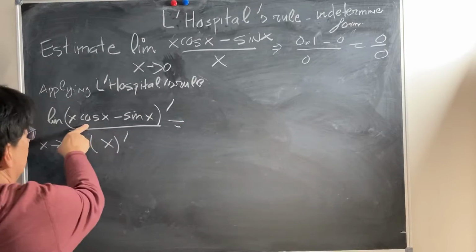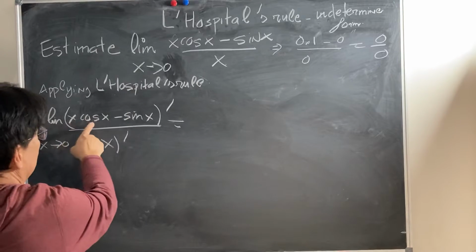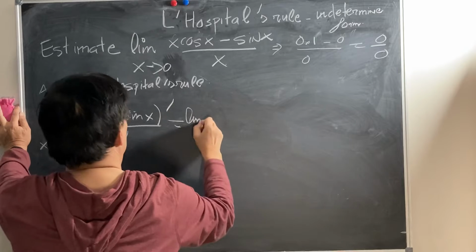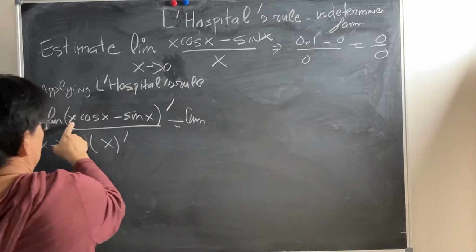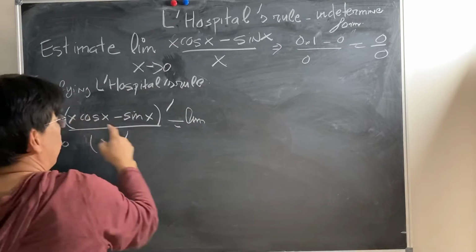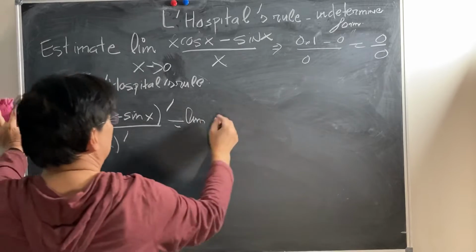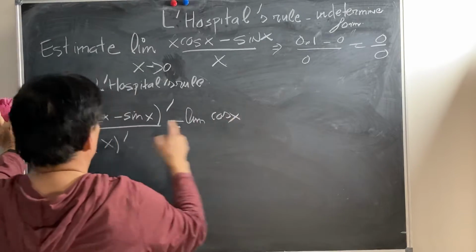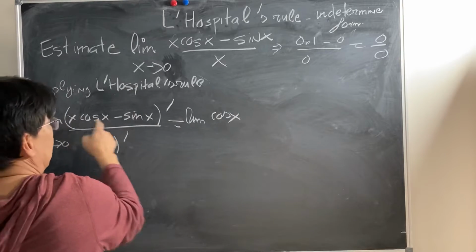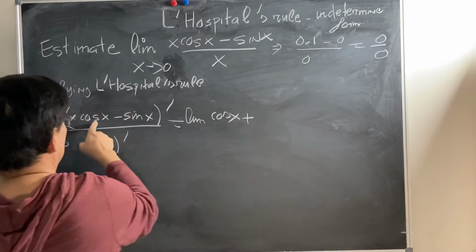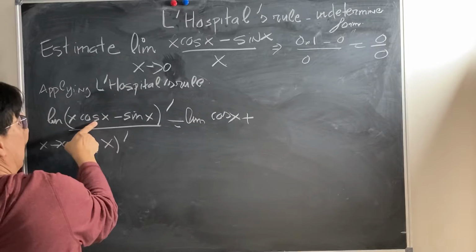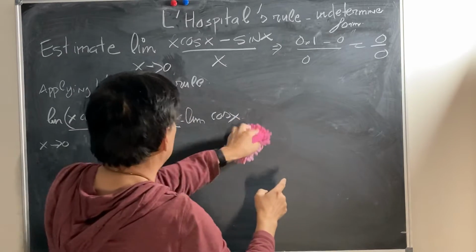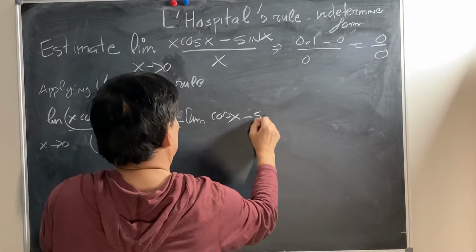The first term of the numerator is x cosine x. Using the product rule, we have the limit of the derivative of the first one, 1, times the second one, cosine x, plus the first one times the derivative of the second one, cosine x, which is minus sine x.